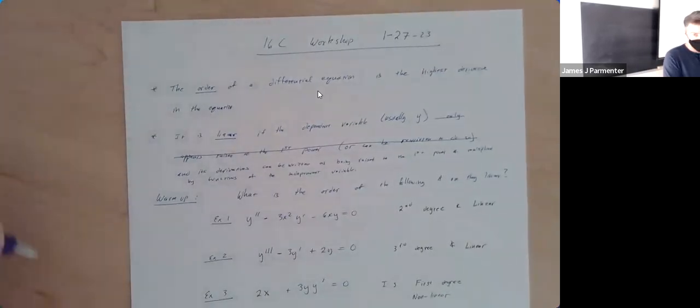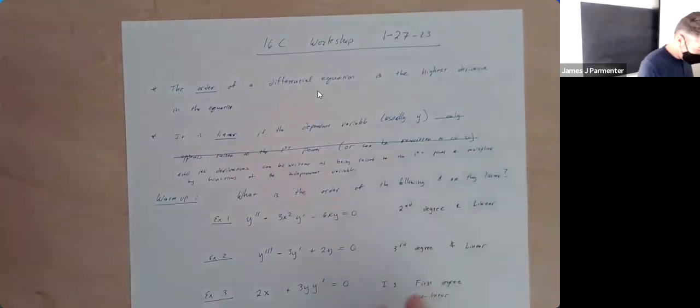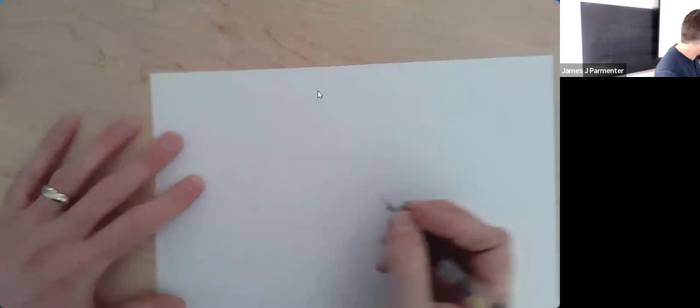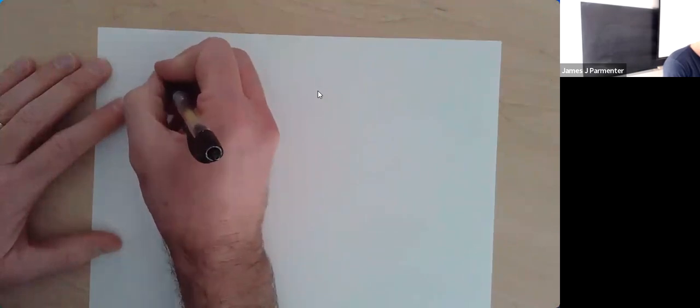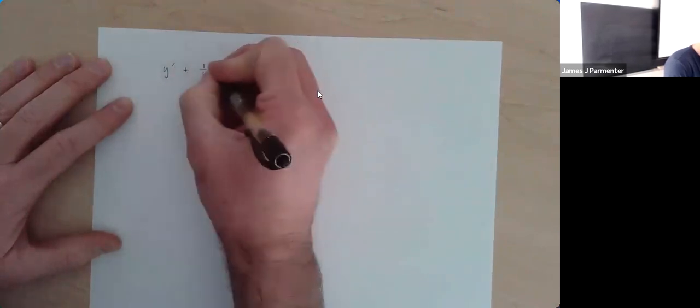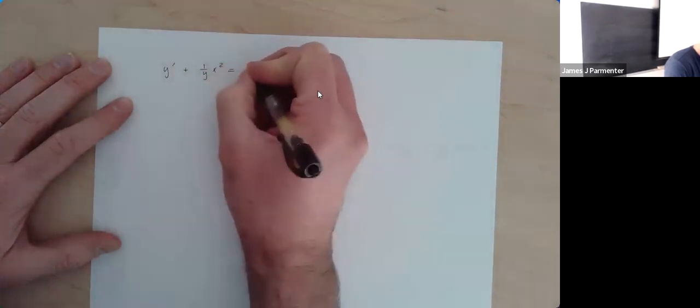I will also point out one more thing about this, and again, you should ask questions if you got them. Something like this, where you had, say, y prime plus 1 over y times x squared equal to 5.